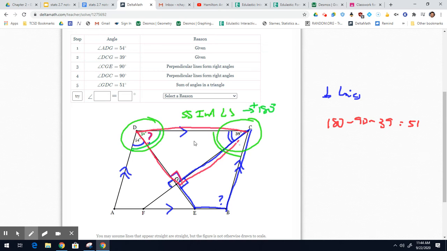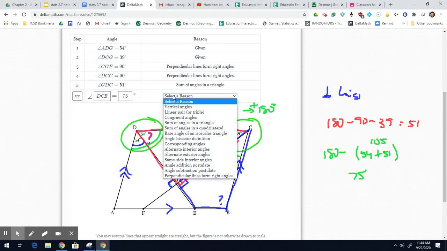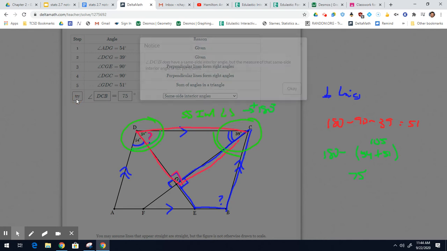So I'm going to say that this big angle, DCB, equals 180 minus, and then this is 54 plus 51. So 54 and 51 is 105. So 180 minus 105 is 75. So I think as long as you're correct, you can say whatever you want to. So DCB is going to be 75, and that's because they are same side interior angles.